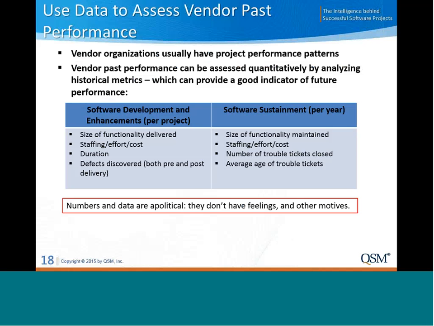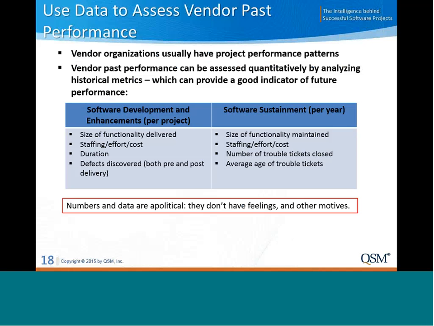So from our research of thousands of projects, we found that vendor past performance is the best indicator of future success, far better than reading a technical or management approach. So what we do as part of the RFP is we ask vendors to provide a few key metrics on their historical past performance projects.